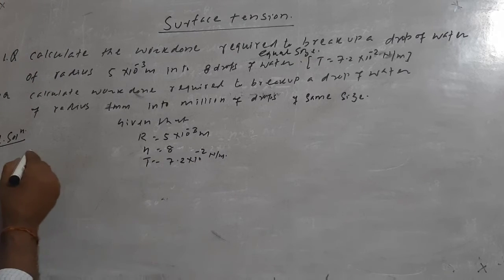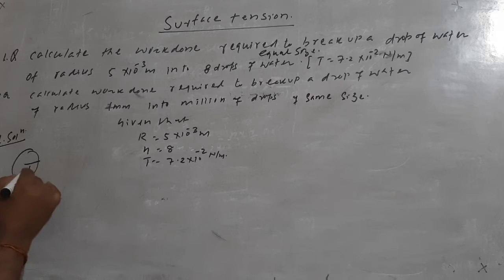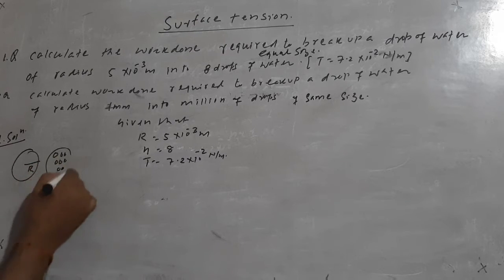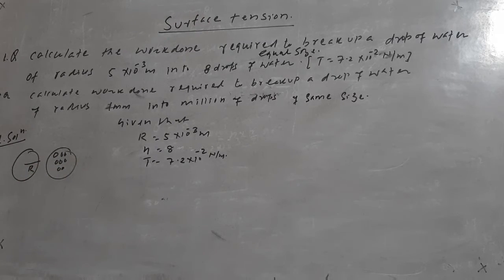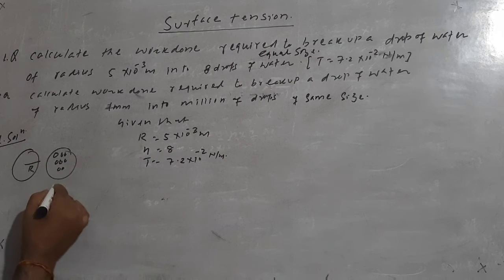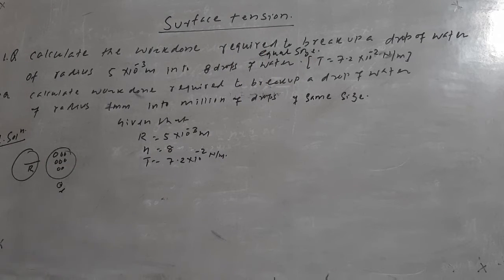So this bigger drop of radius R breaks into 8 drops of equal size, each of radius small r.